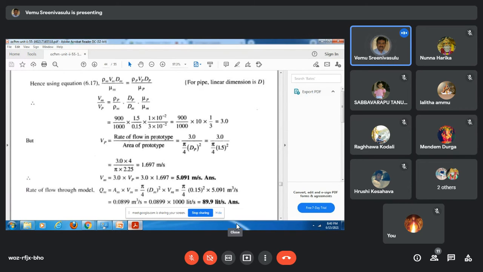So the rate of flow in the prototype is 3 meter cube per second divided by the area of the prototype, so pi d square by 4. Okay, so d is how much? 1.5.